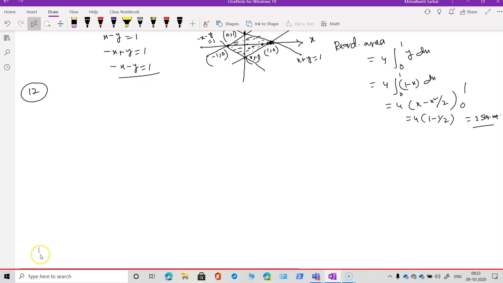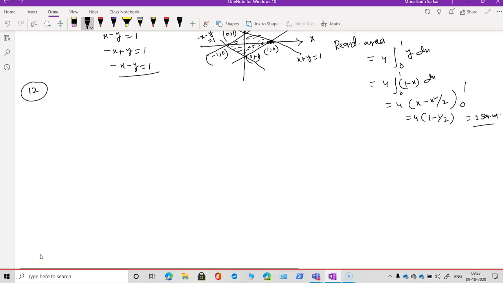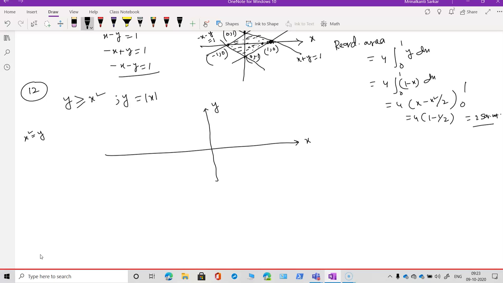Find the area bounded by the curves y greater than or equal to x square and y equal to mod x. Y greater than or equal to x square, you'll be plotting this one as a parabola, y equal to x square, first. First you plot x square equal to y.